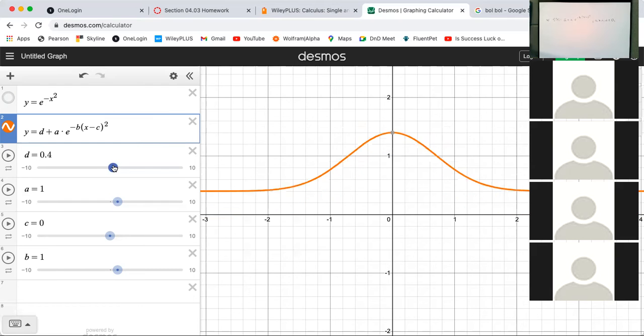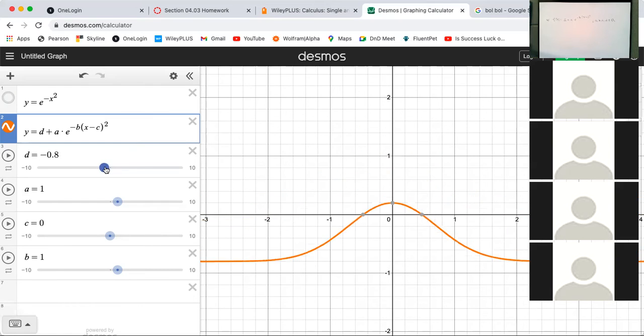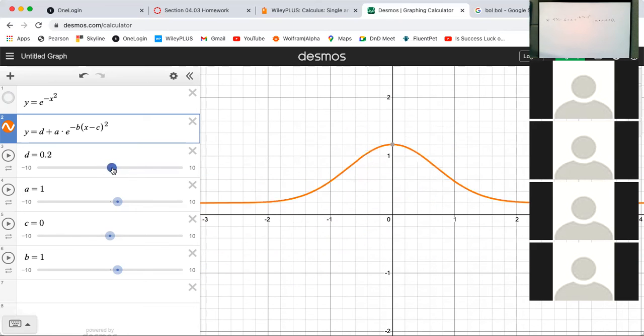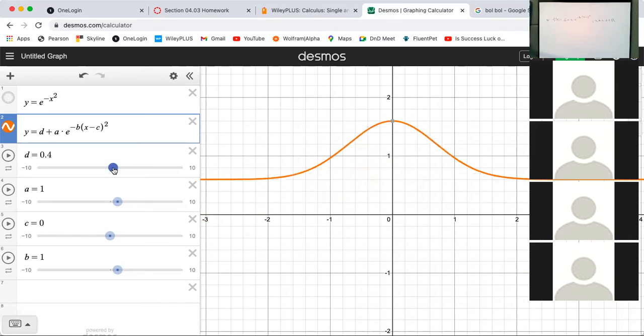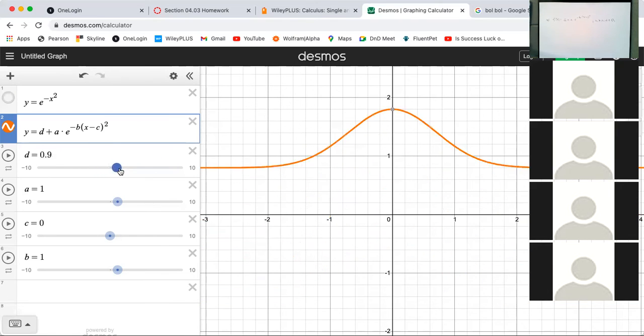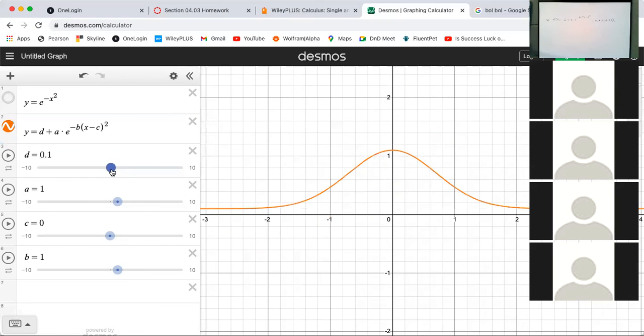If I increase the value of D, notice that the shape of the graph is not changing. The shape of the graph is maintained. The graph just shifts up and down. So just by moving the value of D up and down, we're shifting the graph up and down, but we're maintaining the shape of the graph.